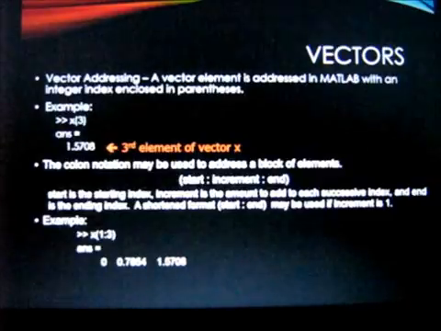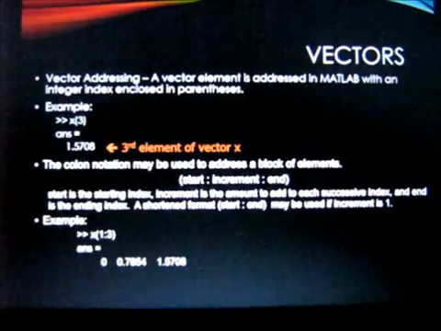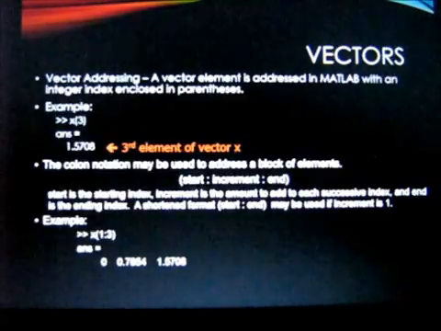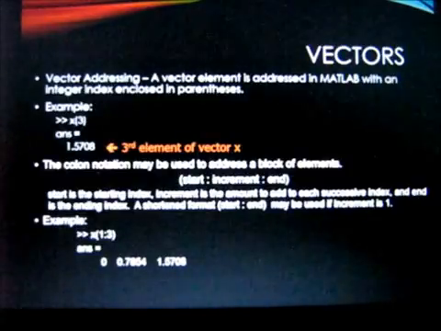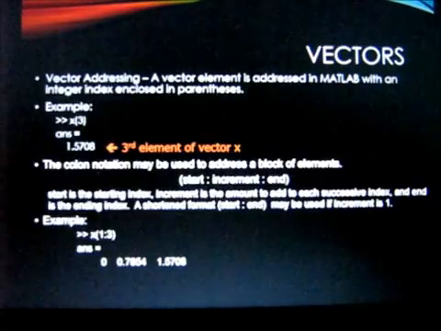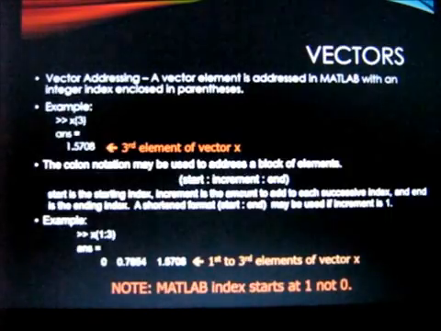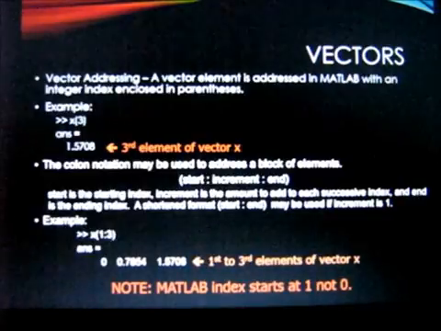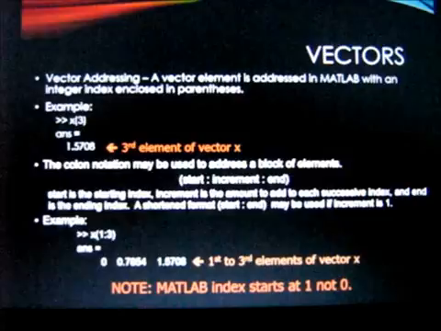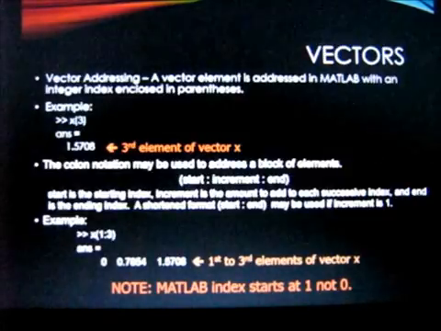For example, x parenthesis 1 colon 3 means it will start from 1 and end at 3. All three elements will be displayed: 0, 0.78 and 1.57. From the first to the third element of the x vector is displayed here. You need to remember, MATLAB index starts from 1 and not from 0. Many of us are confused sometimes, but MATLAB index always starts from 1 and not 0.